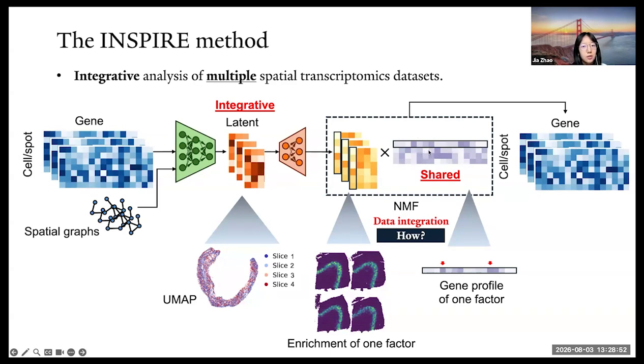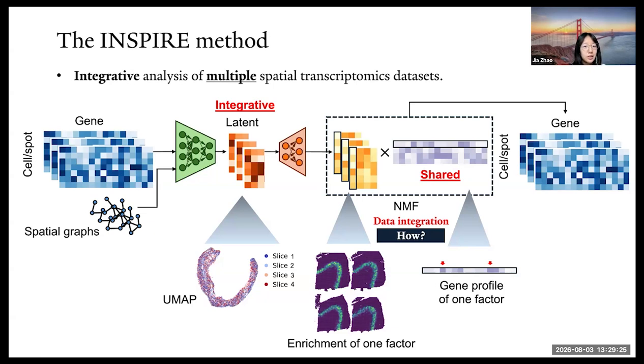Then we combine this one shared gene loading with multiple factor matrices, one for each dataset, and approximate the original dataset with those 1 and 3 factors. So it's a very natural extension from one section to multiple sections, but later we will show that we do need additional designs to achieve the data integration and interpretability.